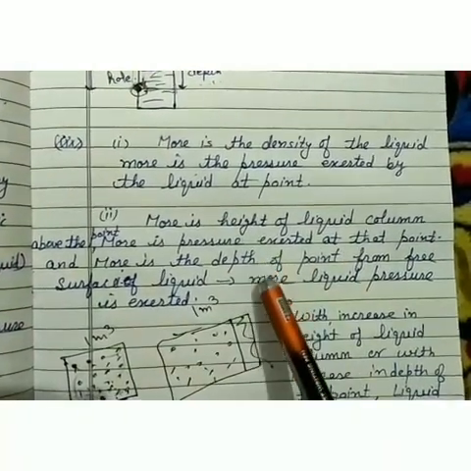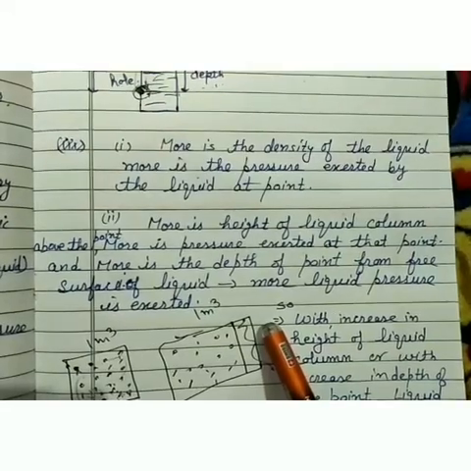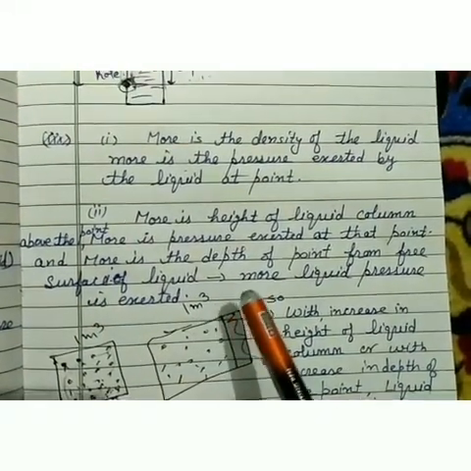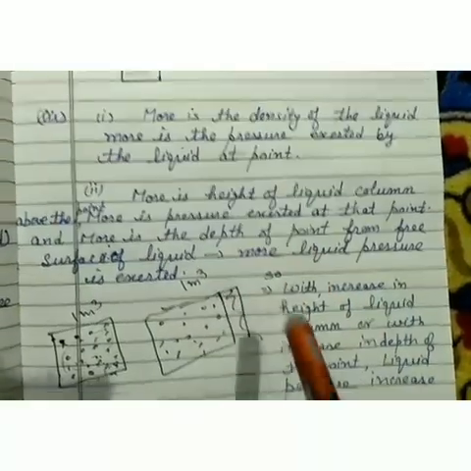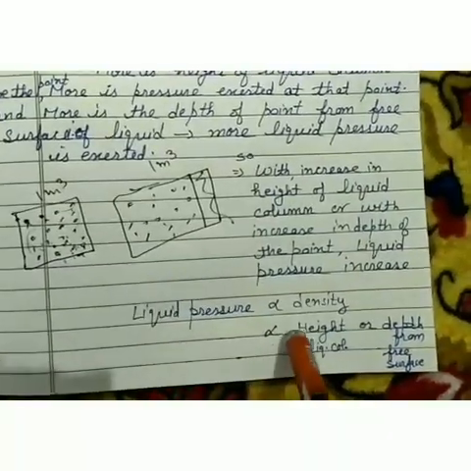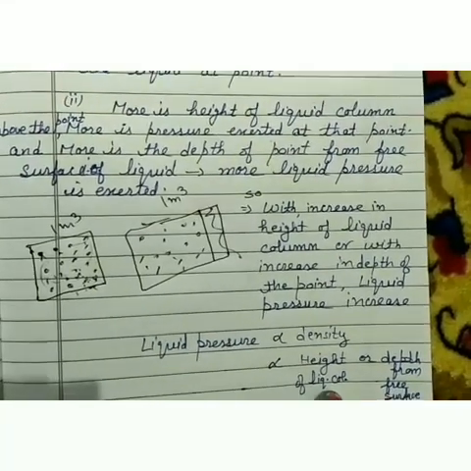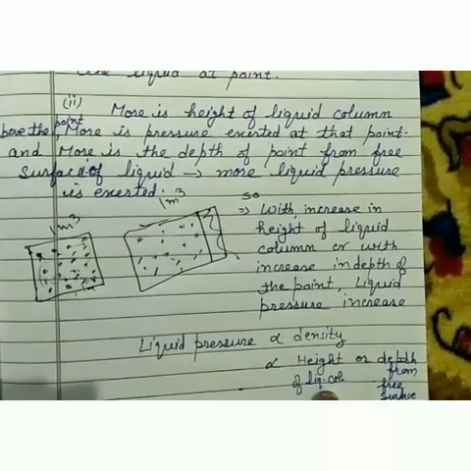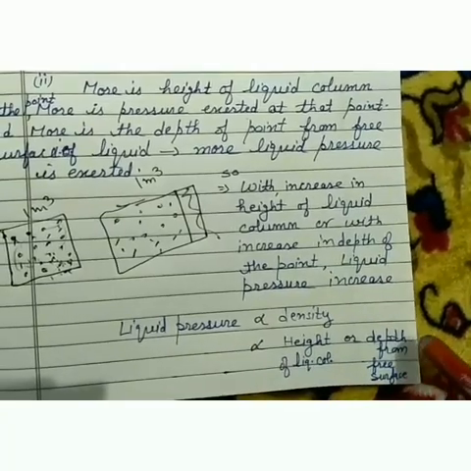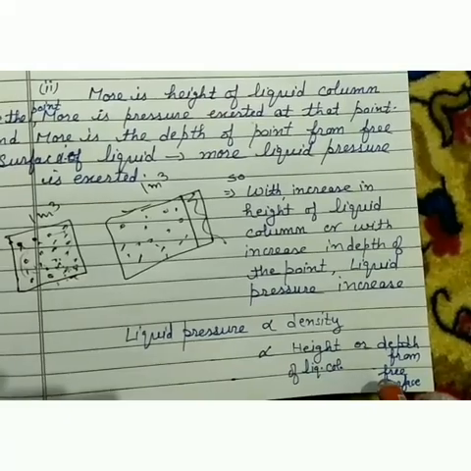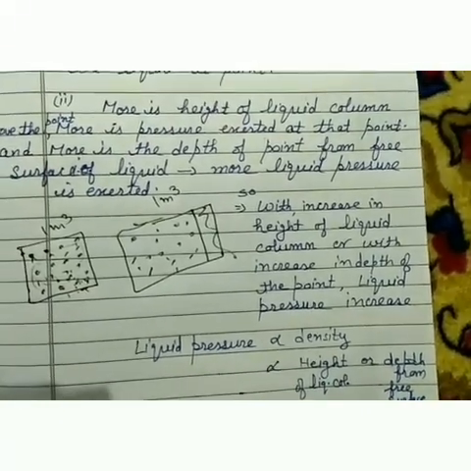With increase in depth the liquid pressure increases, or with increase in height of the liquid column the liquid pressure increases. So again it means that liquid pressure is directly proportional to the height of the liquid column from the point where we want to find the pressure, and with increase in depth from the free surface of the liquid, liquid pressure increases.